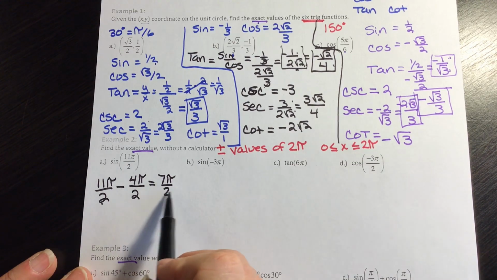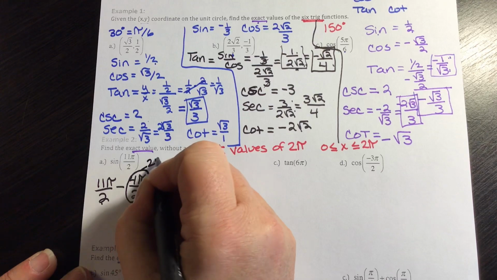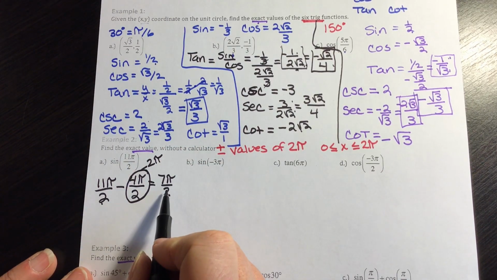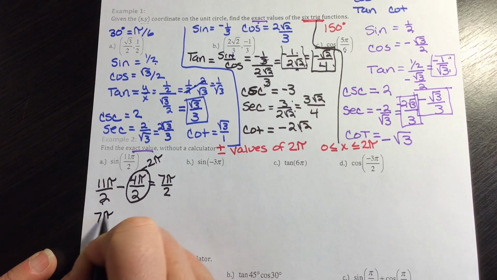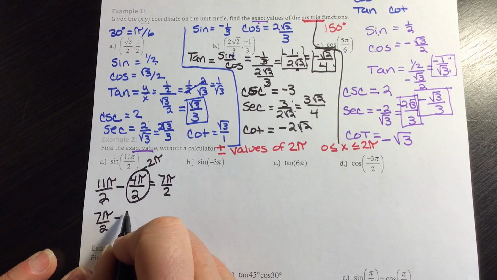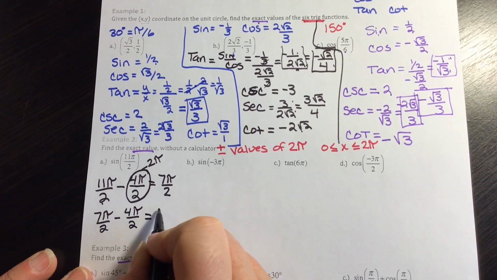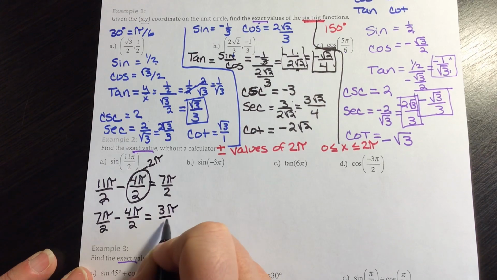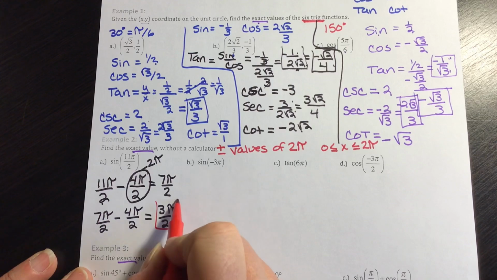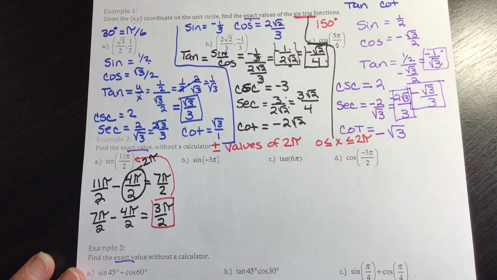So I just want to point out, this is 2 pi, so it's just a revolution around the circle. I'm going to take 7 pi over 2, and go another revolution around the circle. So I'm going to subtract 4 pi over 2, and this gives me 3 pi over 2. And this is the same angle as 11 pi over 2.